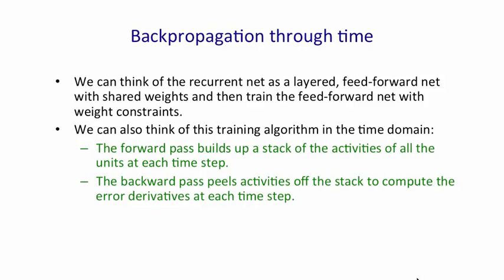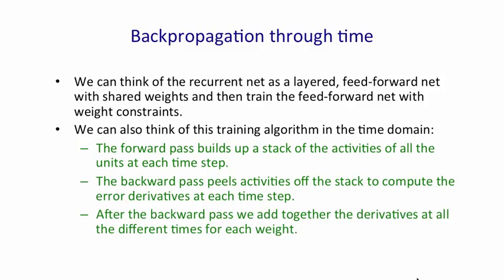That's why it's called backpropagation through time. After the backward pass, we can add together the derivatives at all the different time steps for each particular weight, and then change all the copies of that weight by the same amount, which is proportional to the sum or average of all those derivatives.